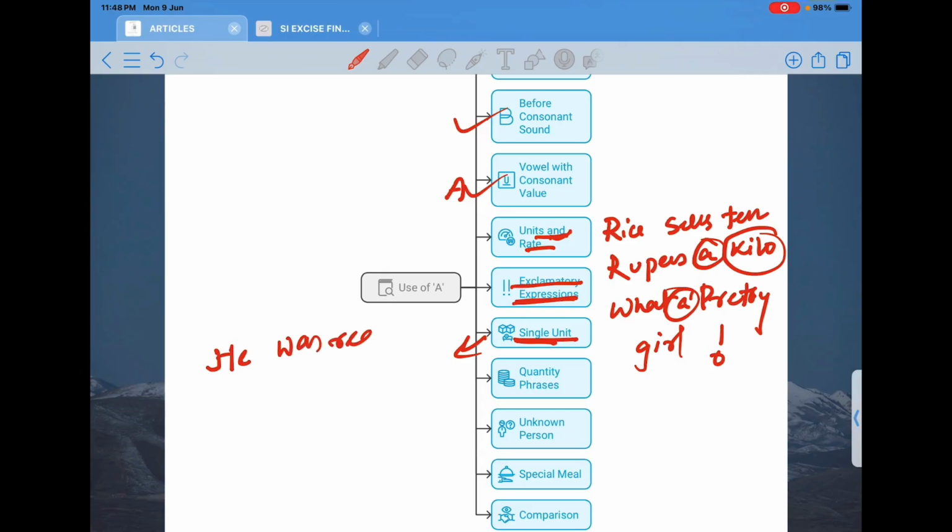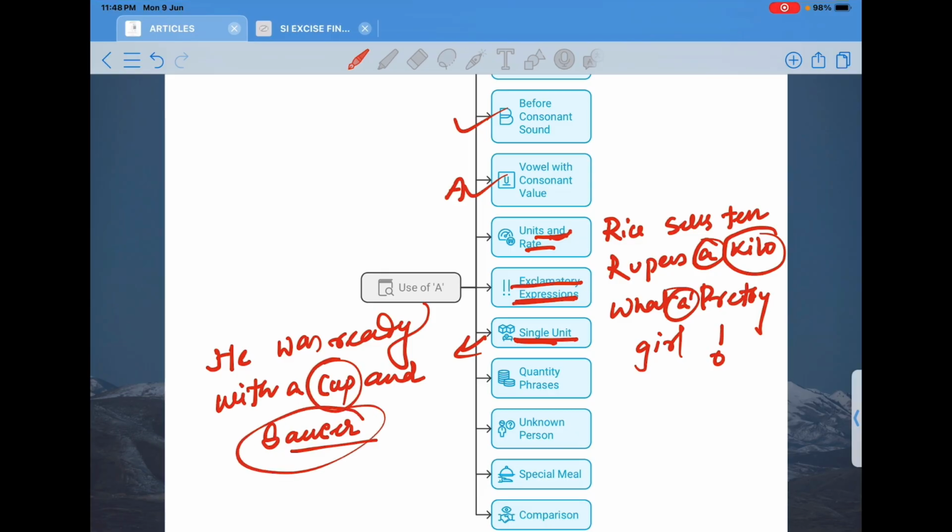If you look very carefully, you will find that here two articles are thought of as a single unit: cup and saucer.